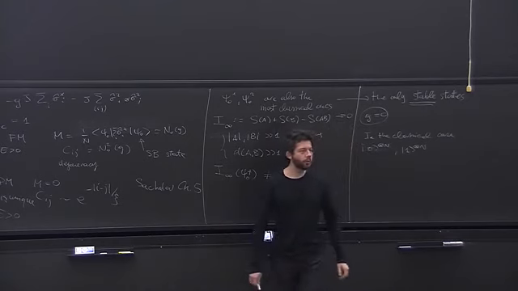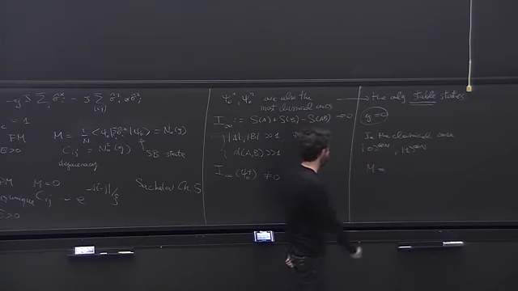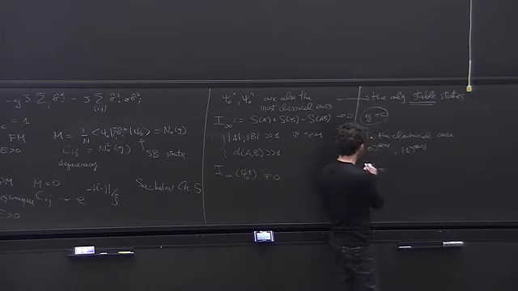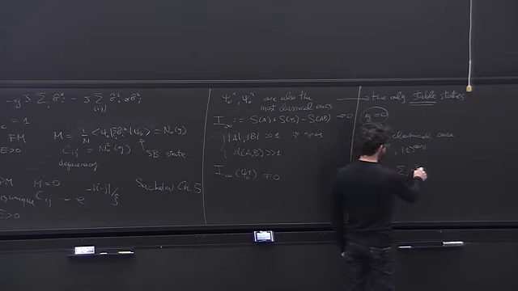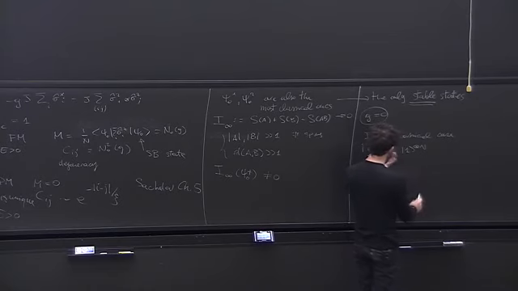Right? So when we compute the magnetization, to compute some expectation value, this is the observable. So let me compute the magnetization per spin.